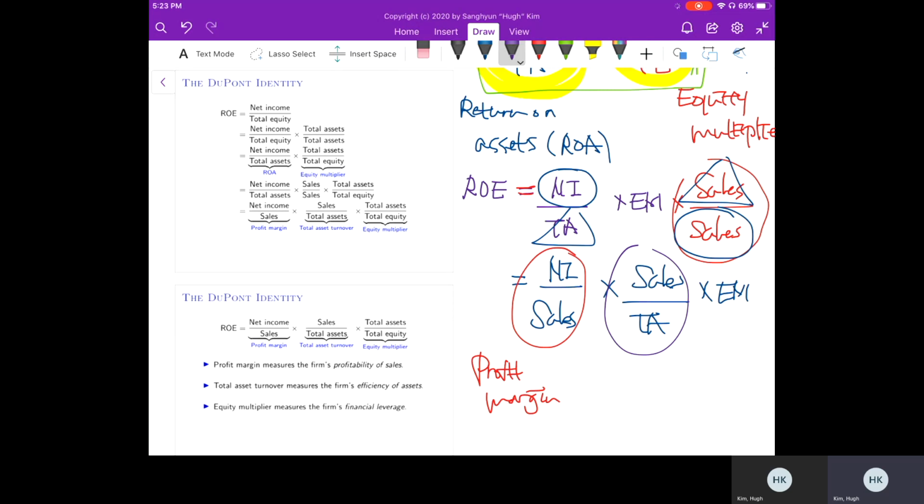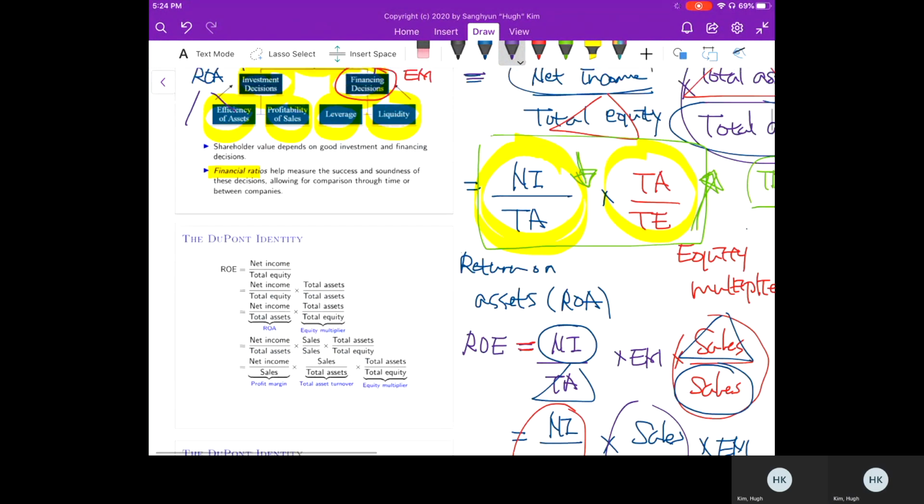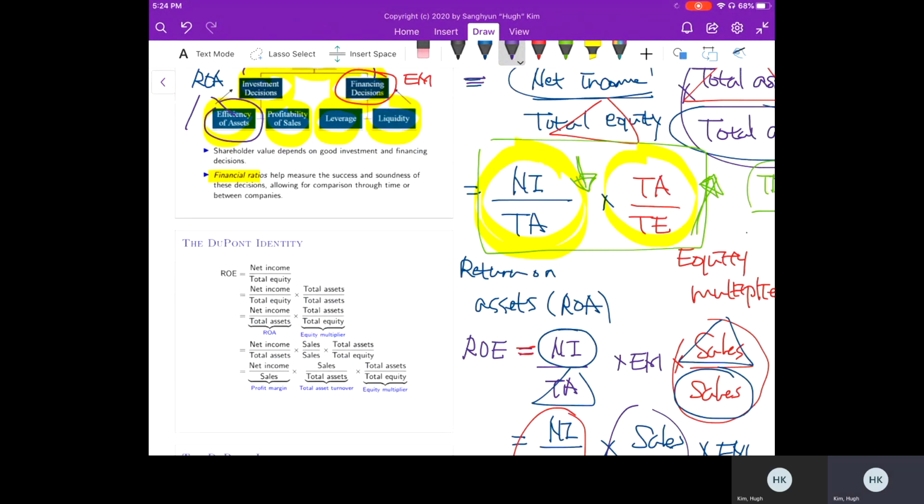And the second ratio is called total asset turnover, which measures the efficiency of use of assets, and profit margin measures profitability of sales. Okay.